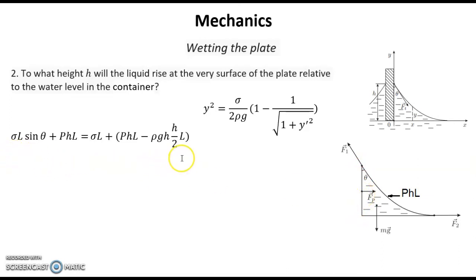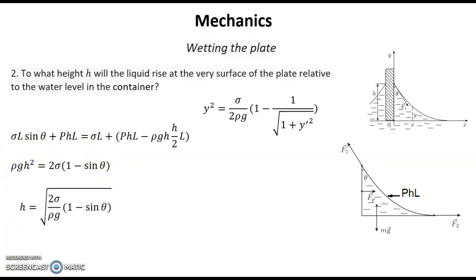If we look at this formula, P H L is cancelled, L is cancelled, and we can rewrite this equation in this form, and again from this equation we can write what H is. Again we have the same result as in the previous way.